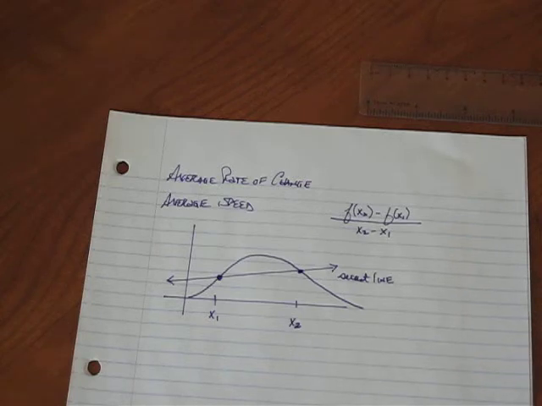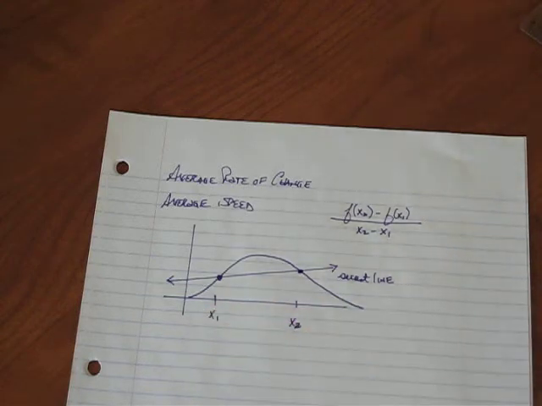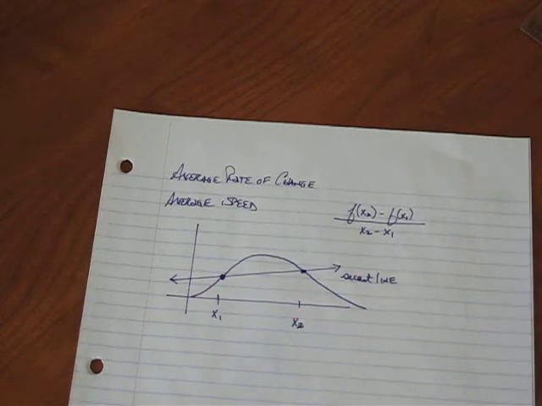What was my average speed over that interval of time, or whatever unit I'm asking it to evaluate over that distance or time. So that's what we're going to be learning to do today.